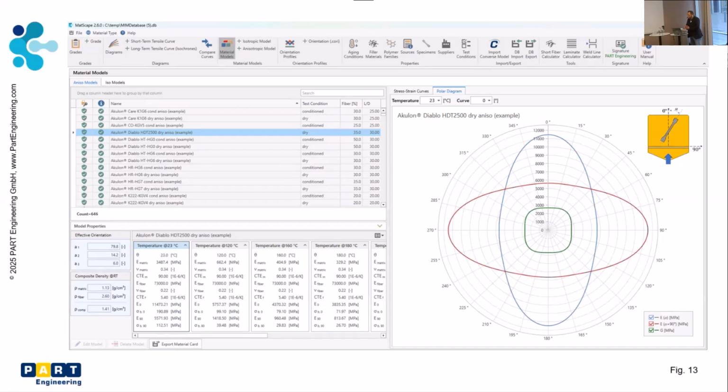And this is where our second software comes in, for example, Matscape. This is, let's say, a polymer material database where you can create material models for Radioss and other solvers, isotropic ones and anisotropic ones. There's already quite a lot of materials in there already, but it's also very easy to create one for your specific polymer, if you like.